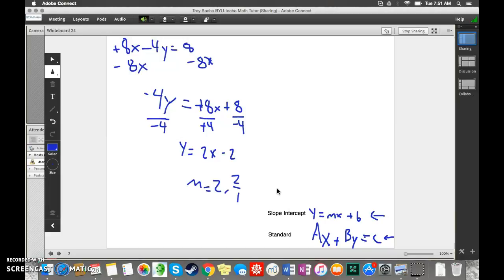It's pretty easy to go between, but it can get confusing. So just follow the steps: subtract your x or add your x, whatever you need to do to get it over. Don't combine the terms because it's not possible, they both don't have an x. Then divide by the number in front of y, and it will solve your equation down into y equals mx plus b, and you'll be able to find your m term.